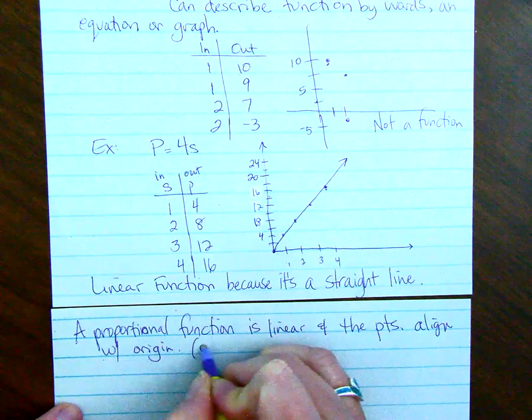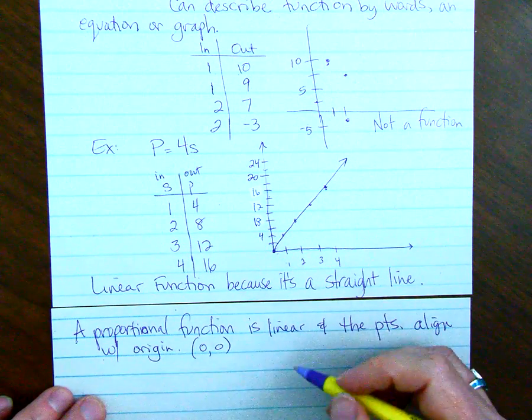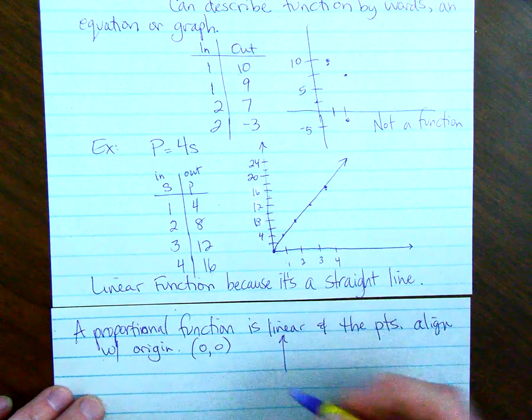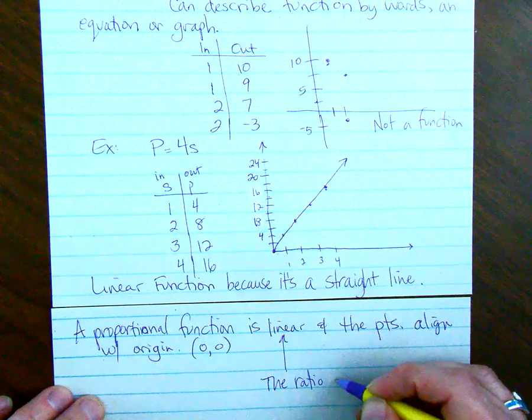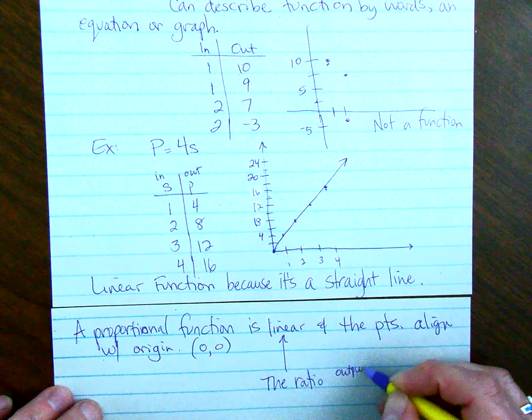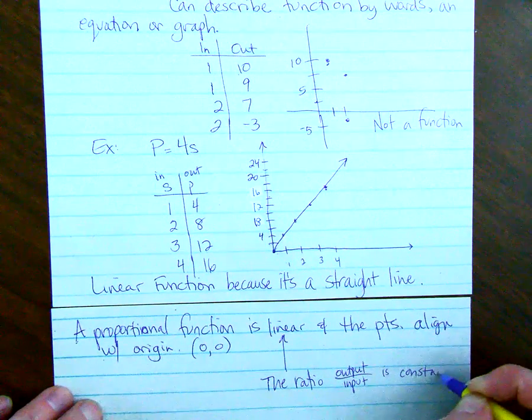Remember, the origin is point 0, 0. You can tell that a function is proportional if the ratio of output to input is constant.